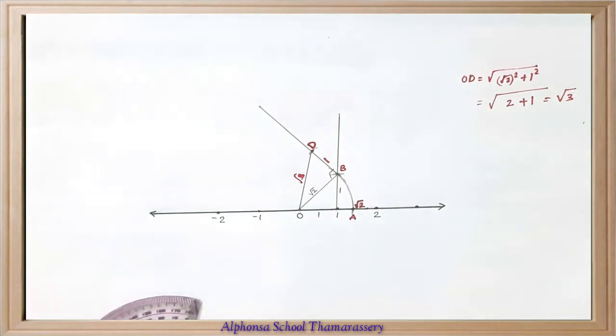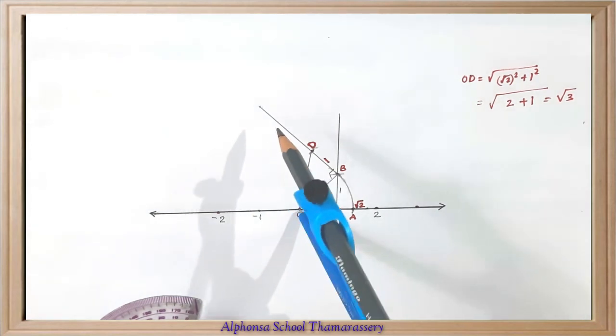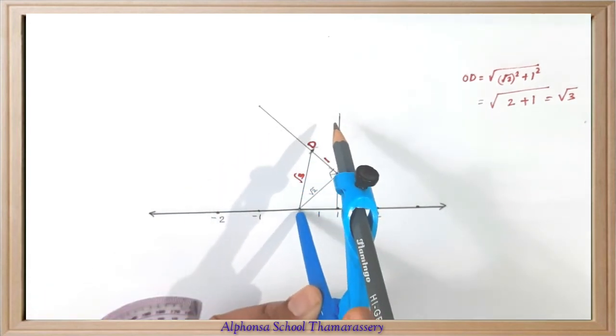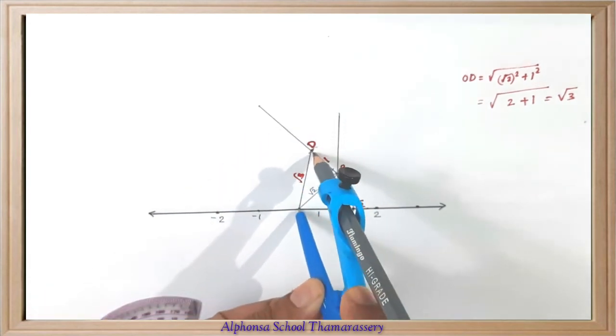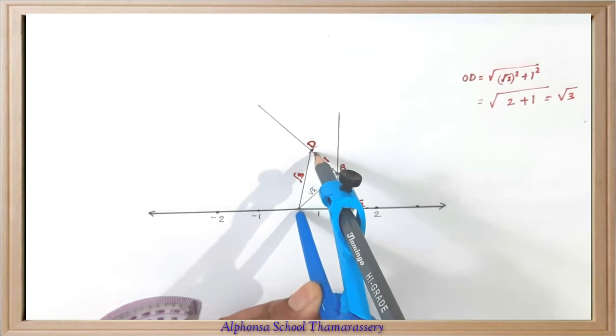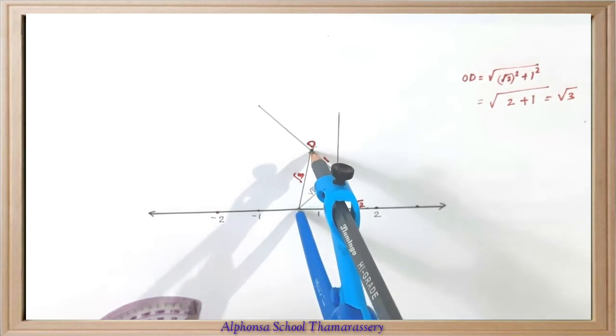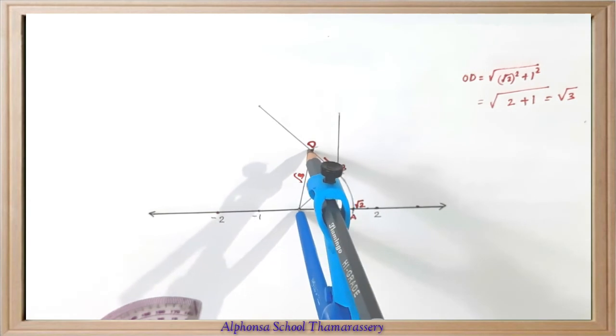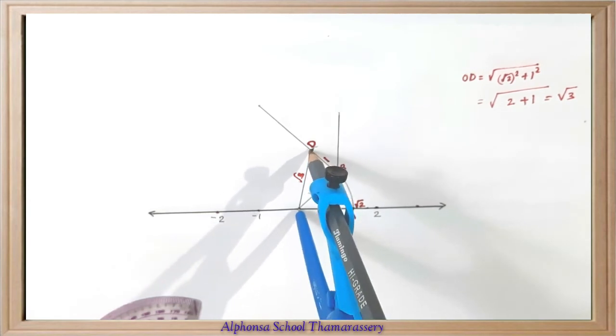Now you can take your compass, take O as a center, OD as a radius, draw an arc on the number line.